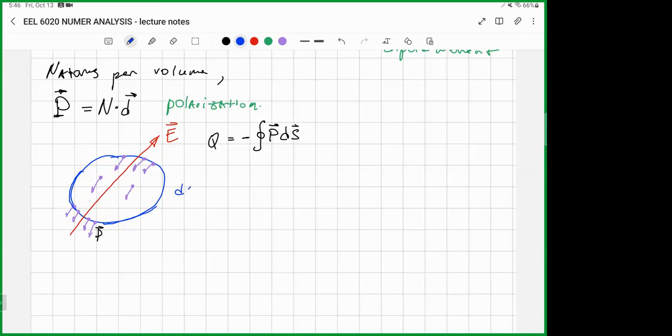So S vector is the surface of the unit volume. P is polarization.